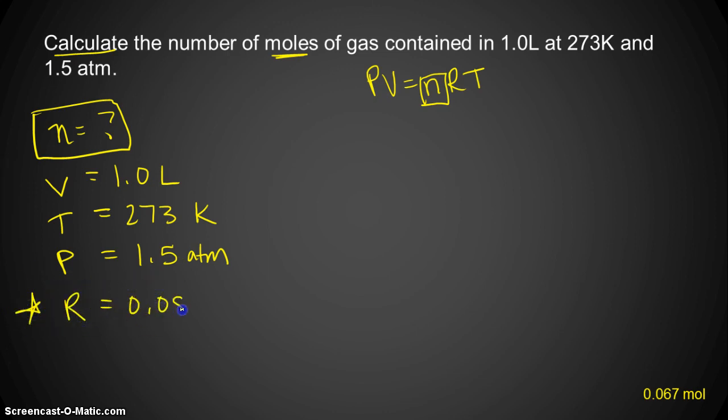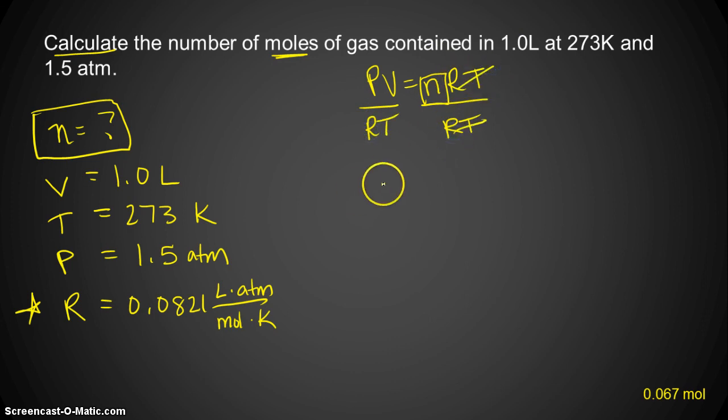And it's 0.0821. And my units are liters times atmospheres over moles times Kelvin. So to solve this for n, I'm going to divide both sides by RT. So the RT's cancel. So I get that n is equal to PV over RT.